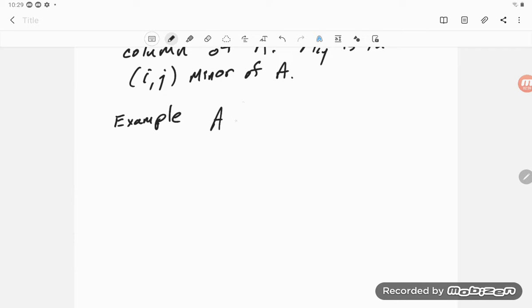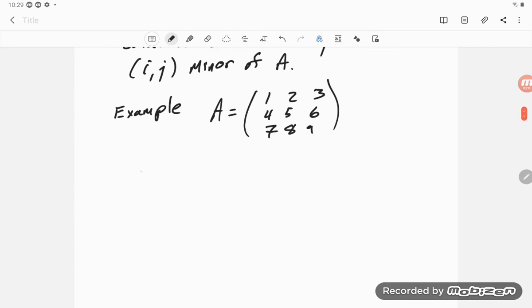If A is the matrix 1, 2, 3, 4, 5, 6, 7, 8, 9, then M11 is the determinant, using our straight line notation, of what's left after I get rid of that row and that column: 5, 6, 8, and 9.